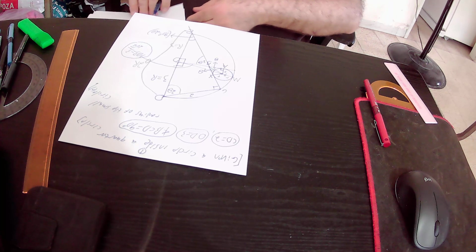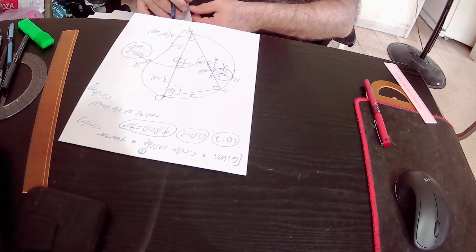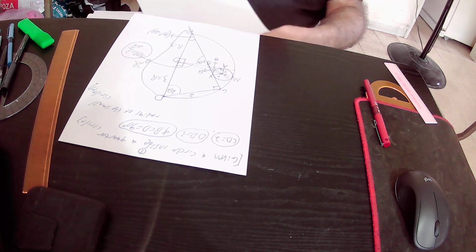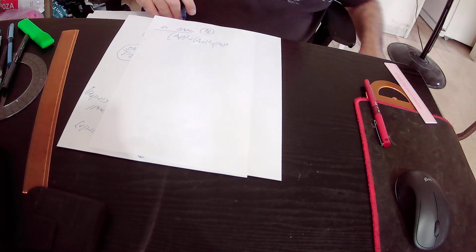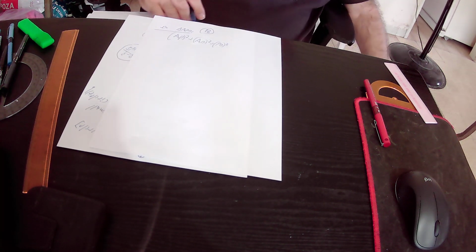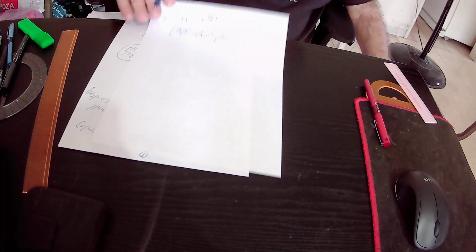According to the Pythagoras theorem, AP square plus AO square equals PO square.